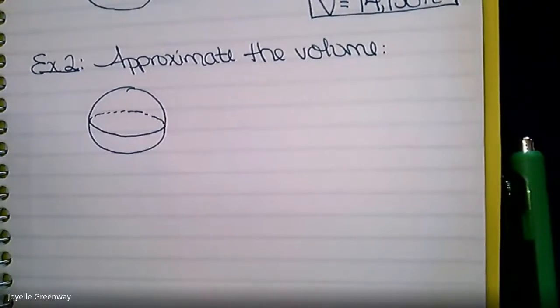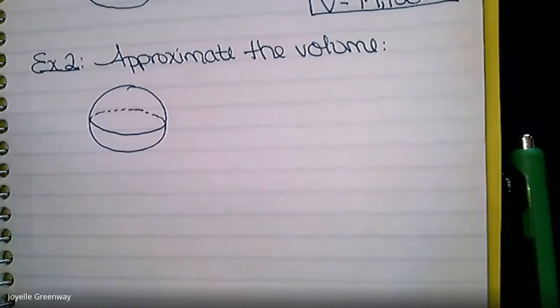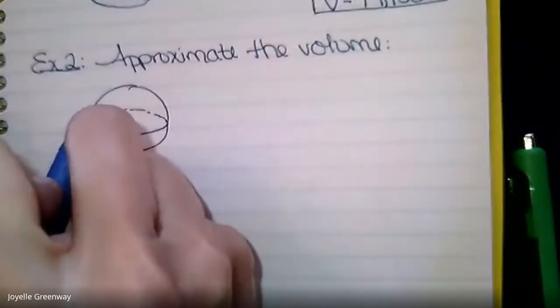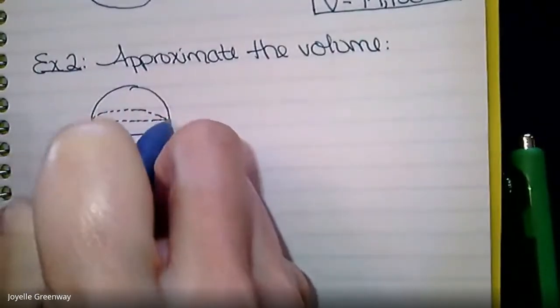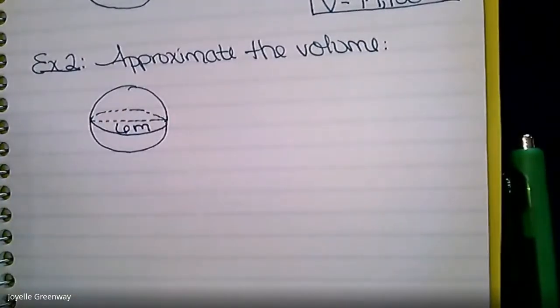I mean, that one doesn't look tragic, right? That looks more like a sphere, maybe. And then you're given that this is 6 meters.